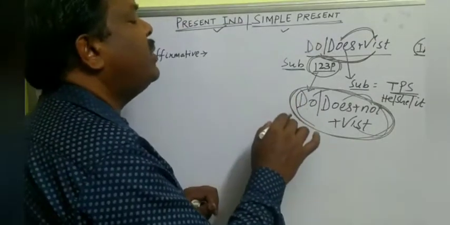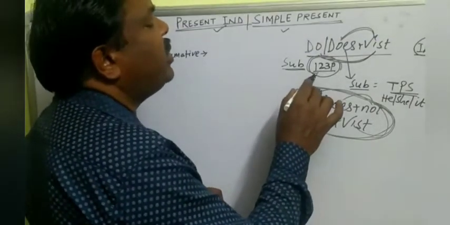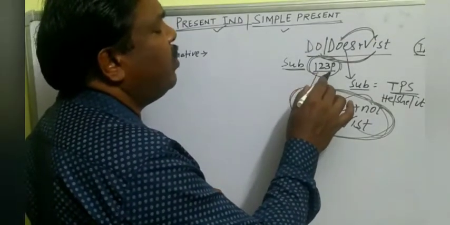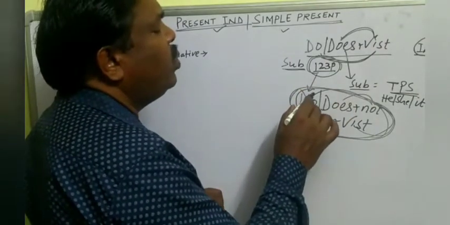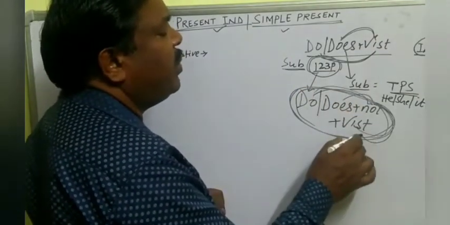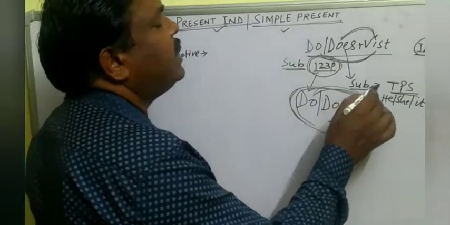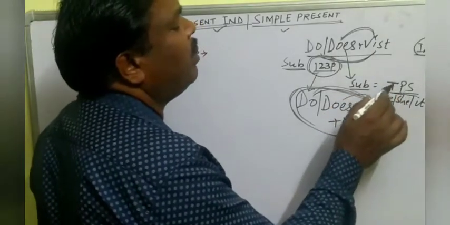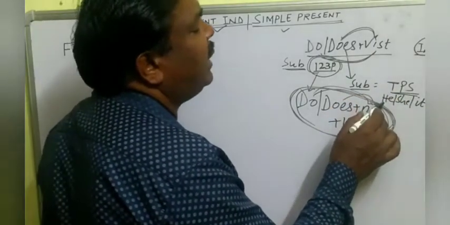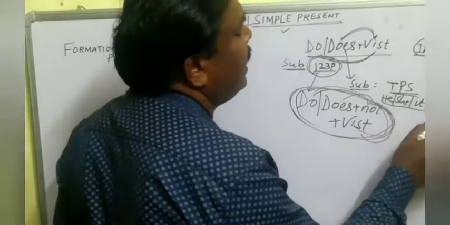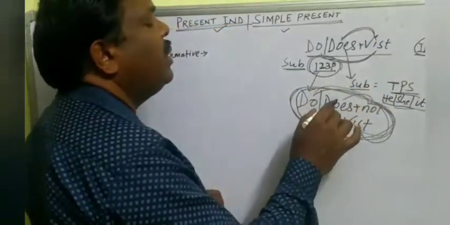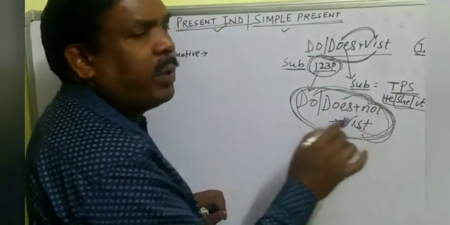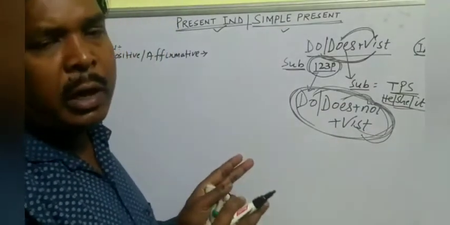And if the subject is first person, second person and third person plural number, then we use do not plus first form of verb, and if the subject is third person singular number, means he, she, it or any name, then we shall use does not plus first form of verb. Is it clear?